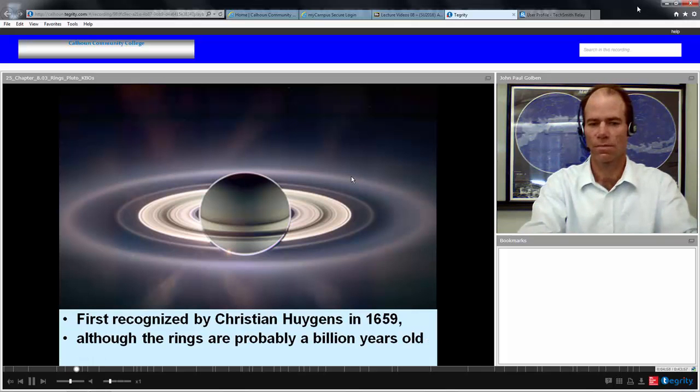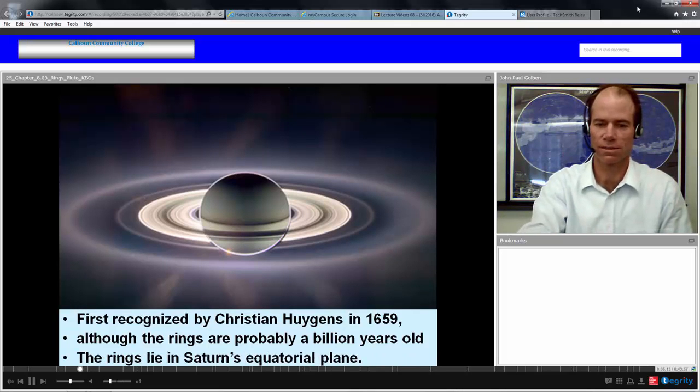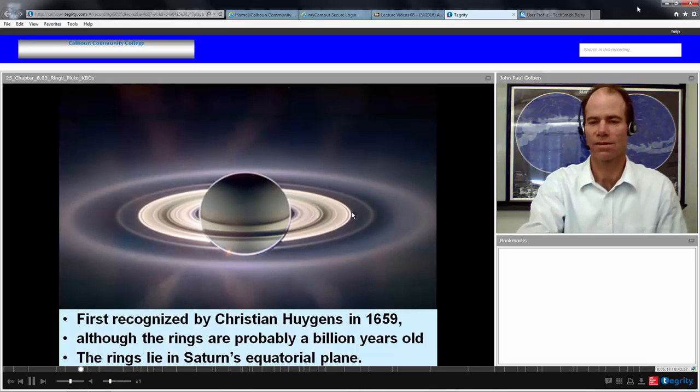The rings are probably 1 billion years old, so the fact that they were first recognized more than 300 years ago is great, but they've been around a lot longer than what we've recognized. And the rings lie in Saturn's equatorial plane.